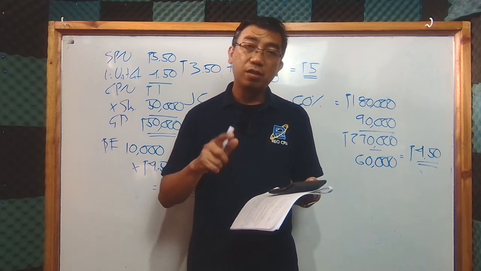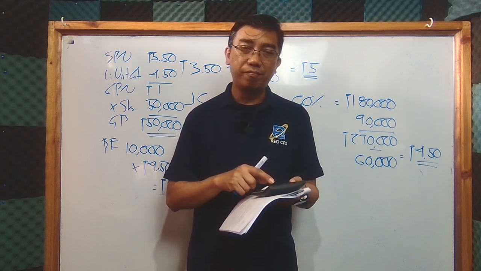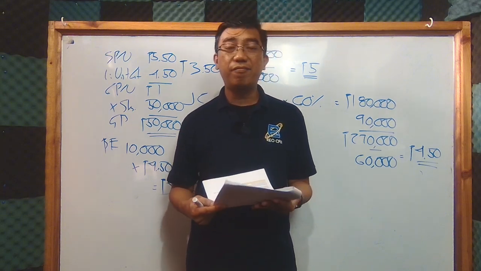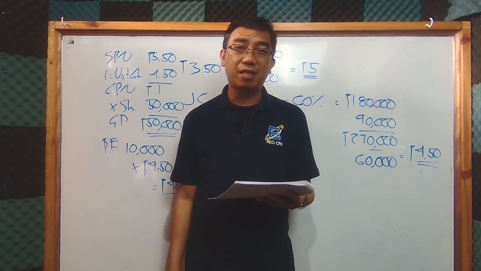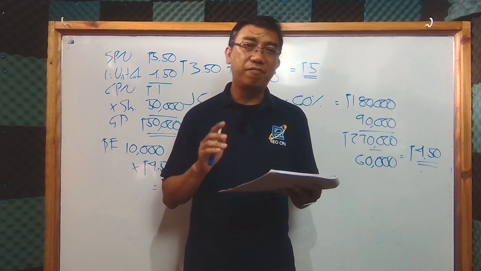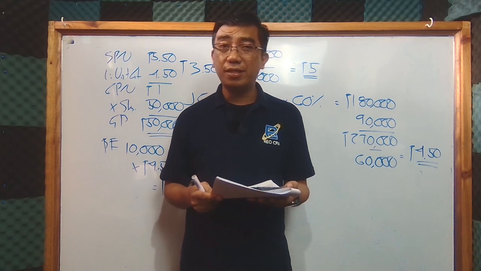So, class, 20,000 incremental revenue minus further processing cost of 14,000, there's a net increase in profit of 6,000 if product X is processed further.